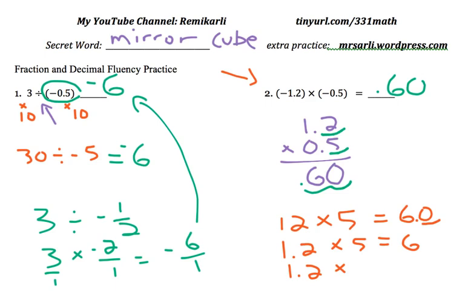And then if we change the 5 to be 0.5, now we'd have to shift the decimal point over again, which would be 0.6. So you can kind of see how all the numbers are related and why it matters that the decimal point is moved over for both of those, because it's going to end up moving it over twice in our answer. So I hope that maybe made some sense.